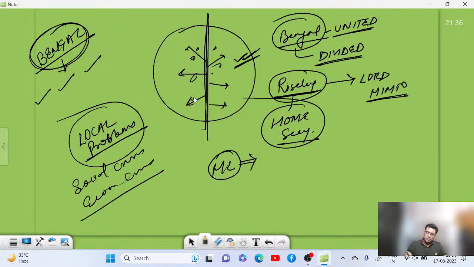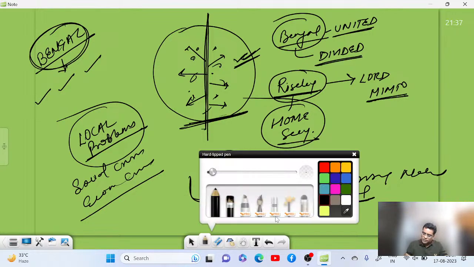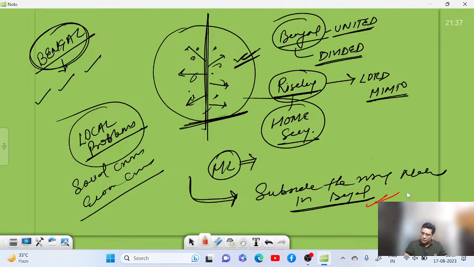And thereafter, the local problems will divert the attention and the feeling of nationalism will get subsided. This is the real design. So British designed the partition of Bengal in order to subside the rising nationalism in Bengal.